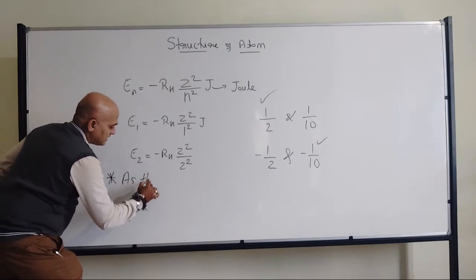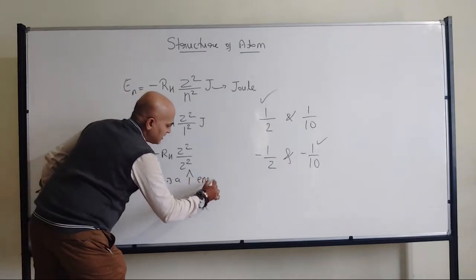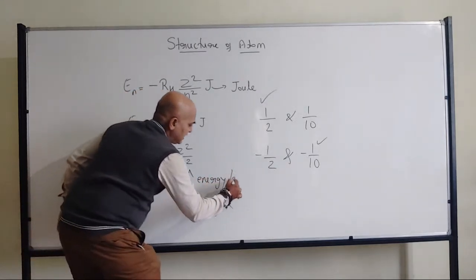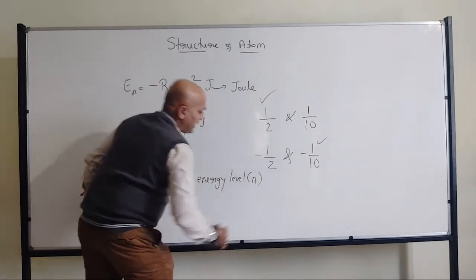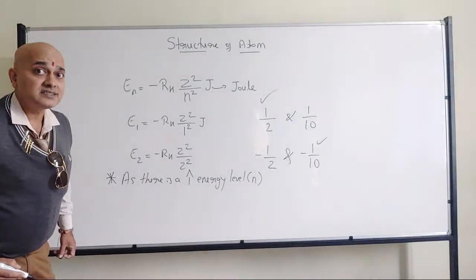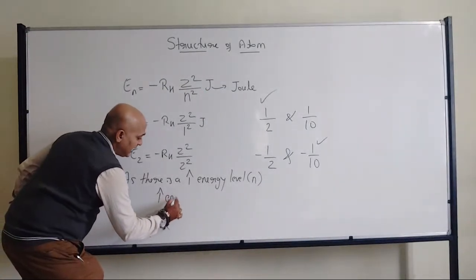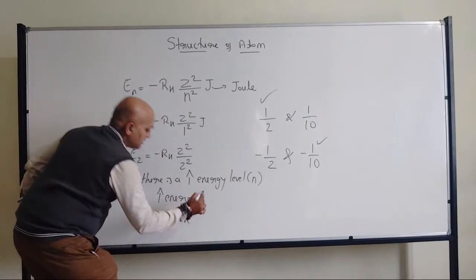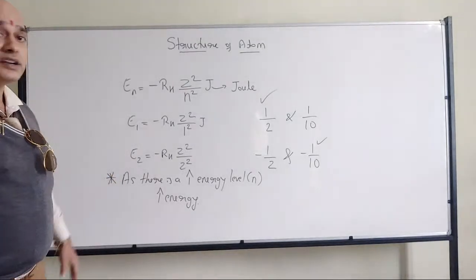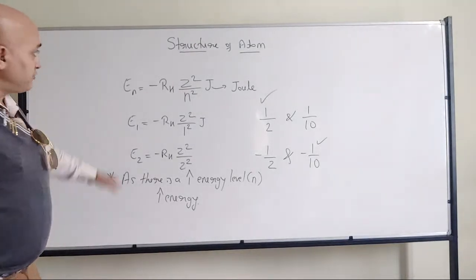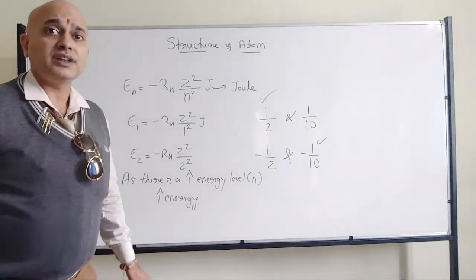As there is an increase in the energy level, which is represented by n, there will be an increase in the energy. You should make these points. If you see this equation, the whole story can be explained.